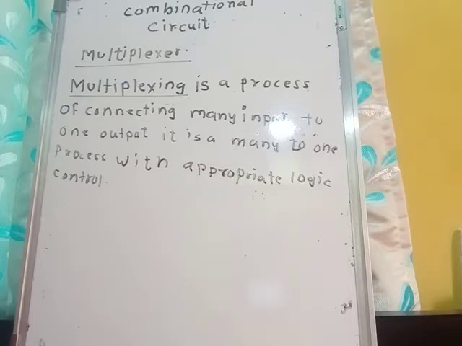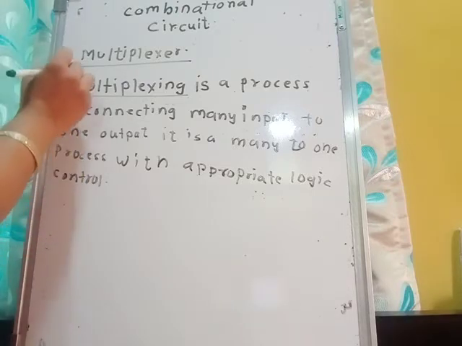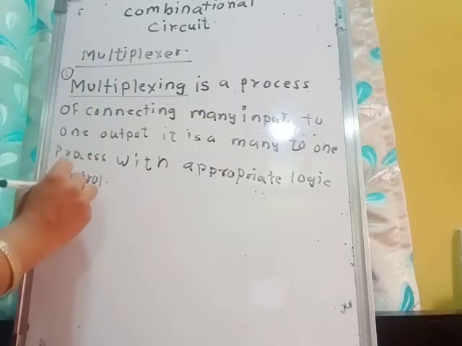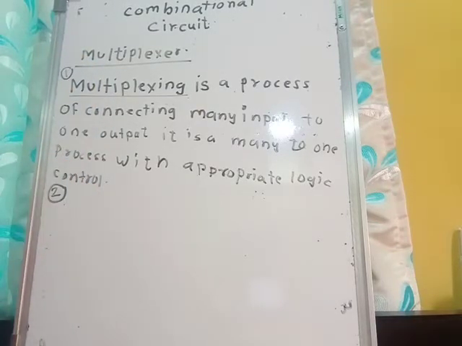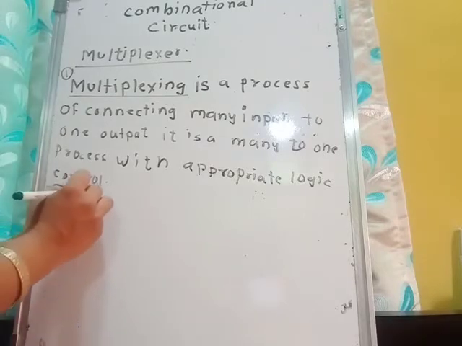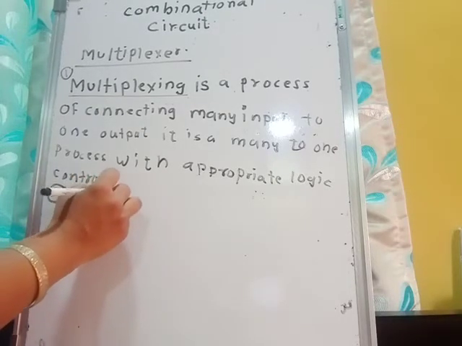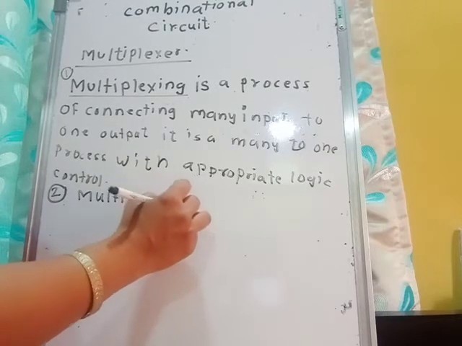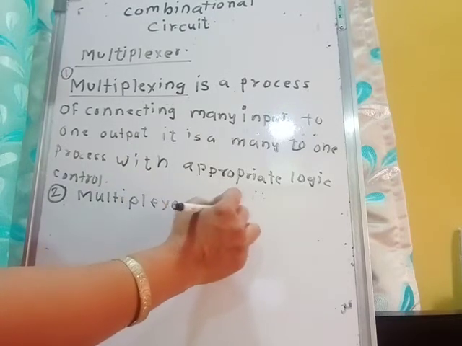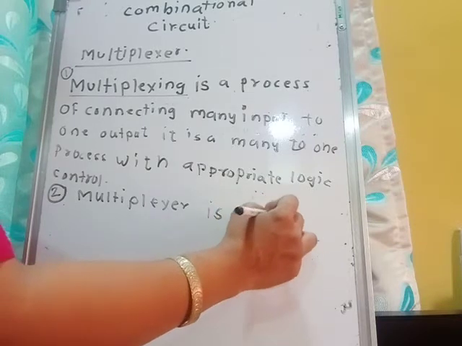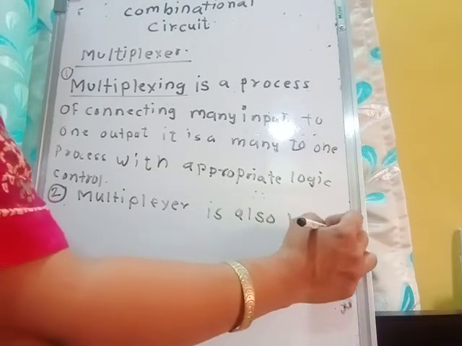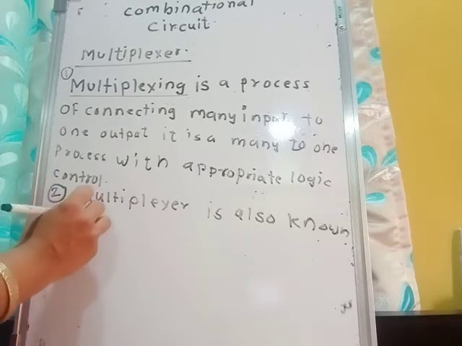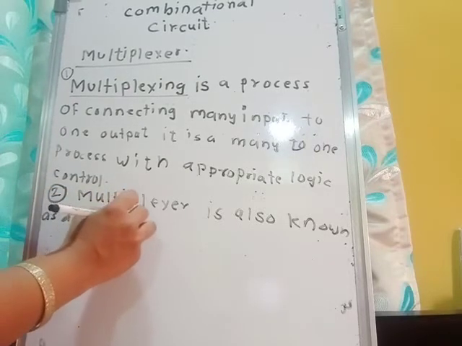Now note down the second one: the multiplexer is also known as a data selector.